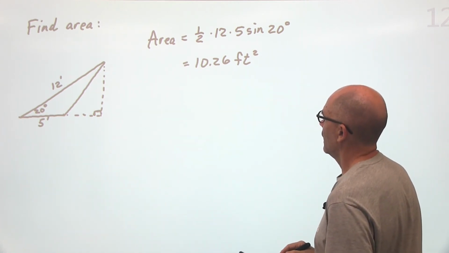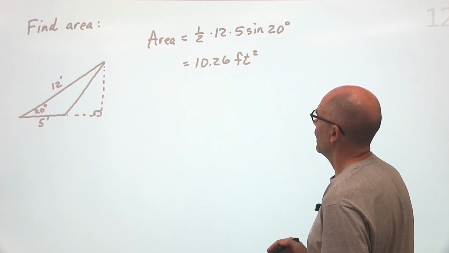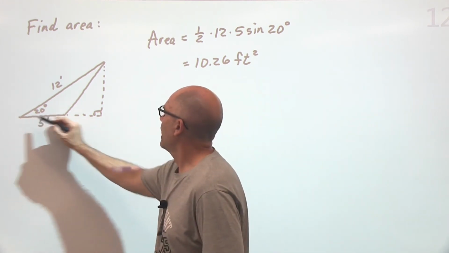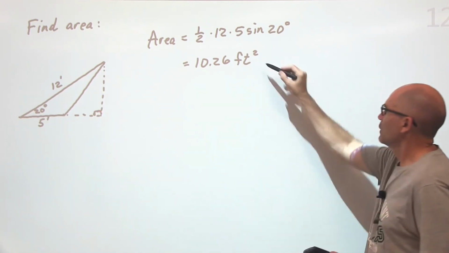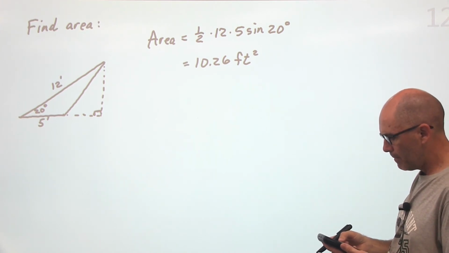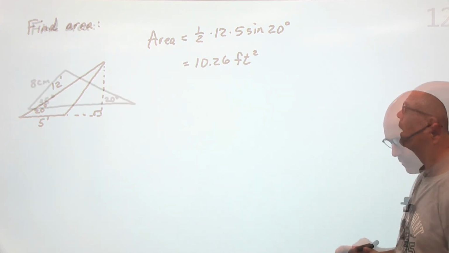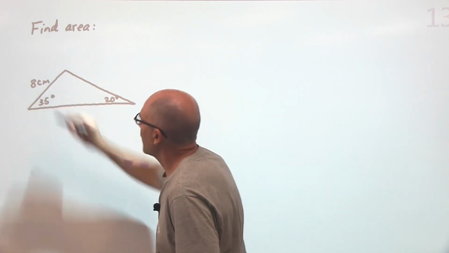It actually could be less than that. It could be 5. 1/2 base times height, 1/2 times 5 times 5, 12.26 is in the ballpark. Okay, cruising onward.